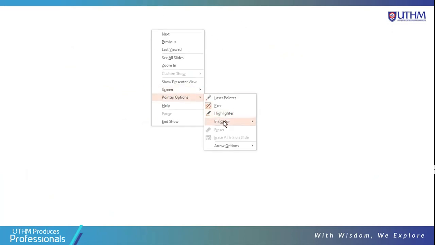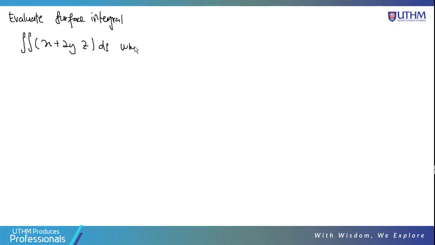Evaluate the surface integral of x plus 2yz ds, where S is y plus z equals 4 inside x squared plus y squared equals 1.